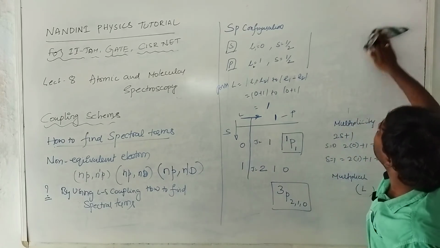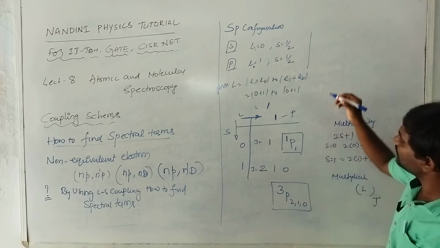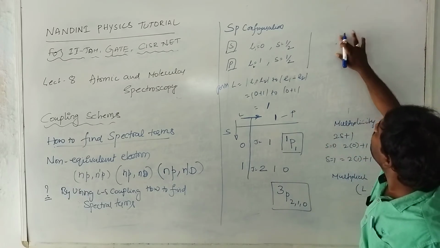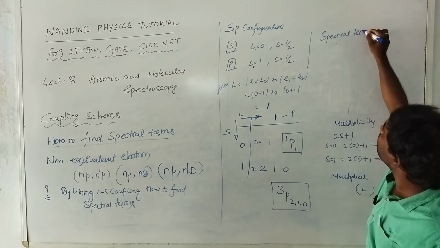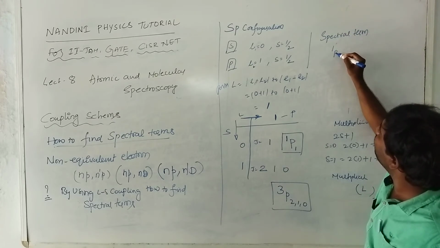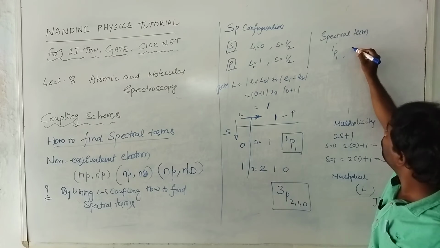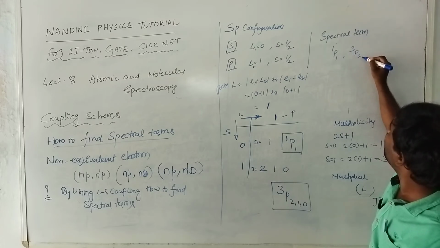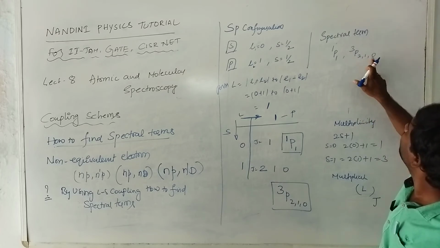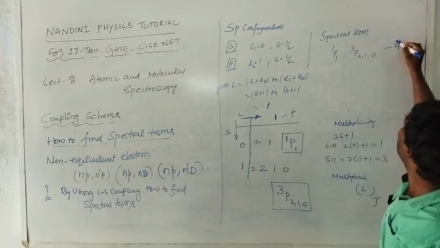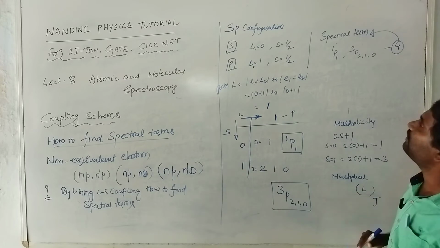The spectral terms are 1P1 and 3P 2, 1, 0. So, therefore, 1, 2, 3, 4: a total of 4 spectral lines.